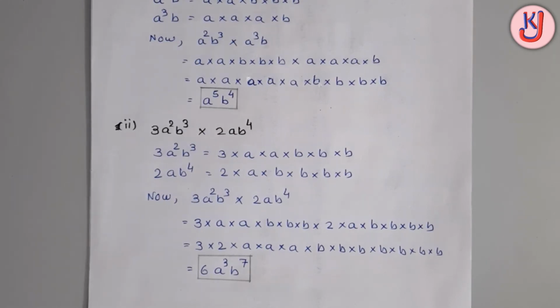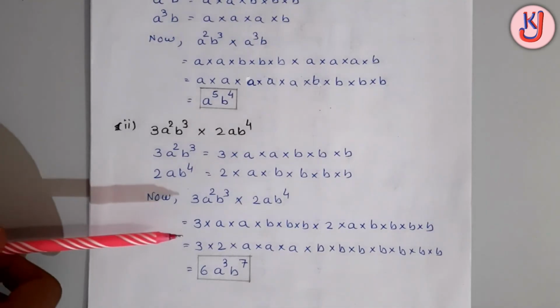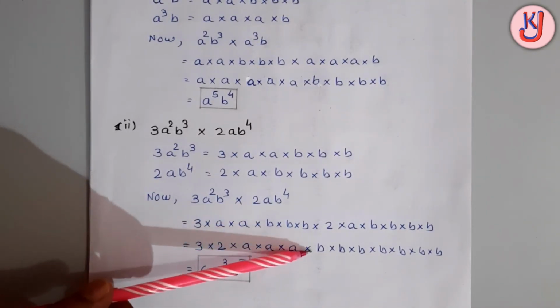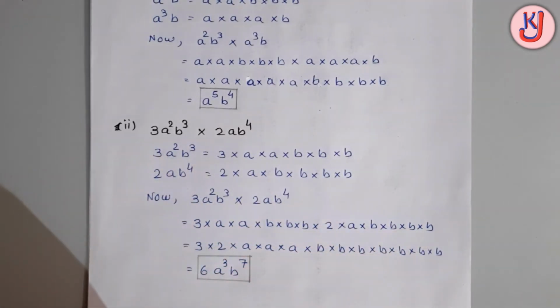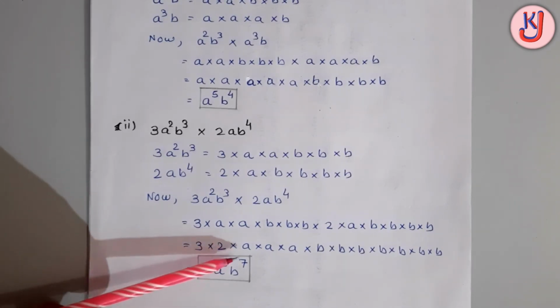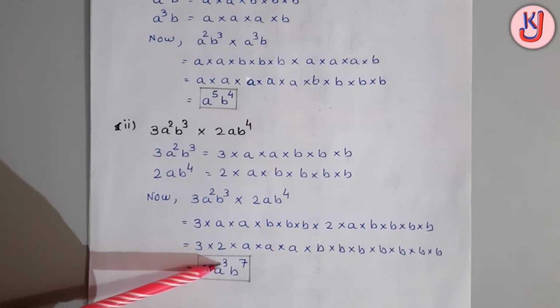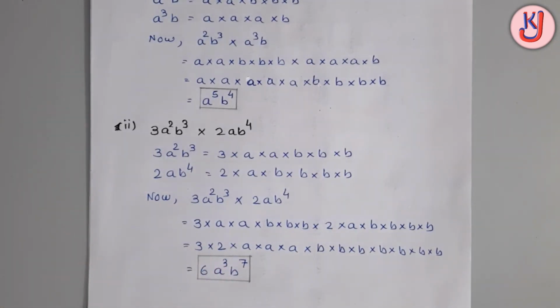Now write all the numbers and literals together like this: 3 into 2 into a into a into a into b seven times. It means 3 twos are 6, a 3 times so that we can write a raised to 3, and b 7 times so that b raised to 7. So the final answer is 6 a raised to 3 b raised to 7.